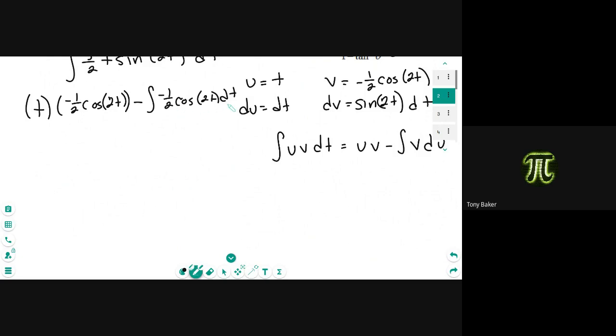So now we only have one thing inside that integral, so that makes life a little bit simpler. But I'm going to clean it up a little bit before I do it, just so you can see it. Pulled out the 1/2, so I don't have to worry about that piece.